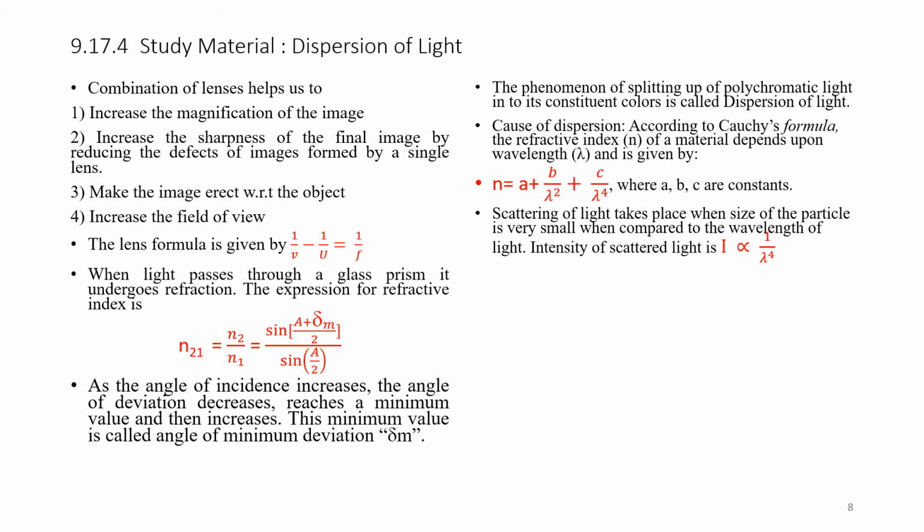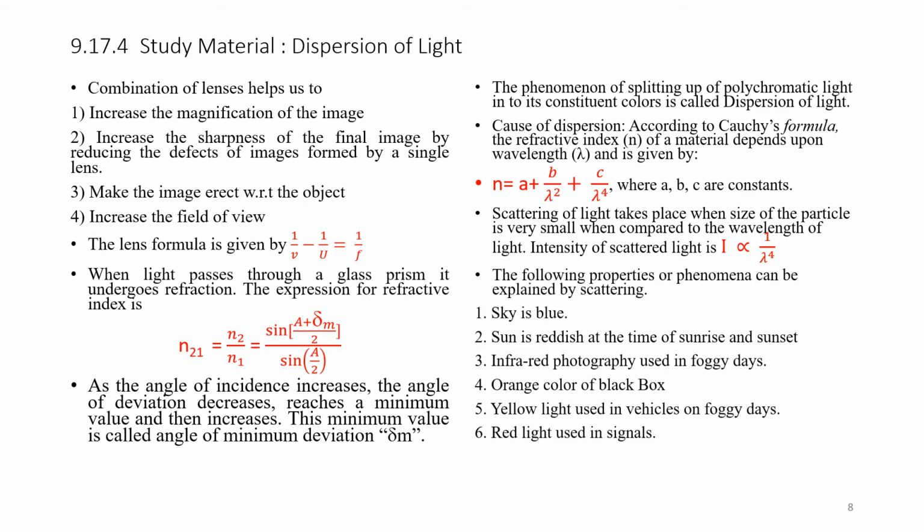Scattering of light takes place when size of the particle is very small when compared to the wavelength of the light. Intensity of scattered light is given by I is proportional to 1 over lambda to the power of 4. The following properties or phenomena can be explained by scattering. Sky is blue, sun is reddish at time of sunrise and sunset.